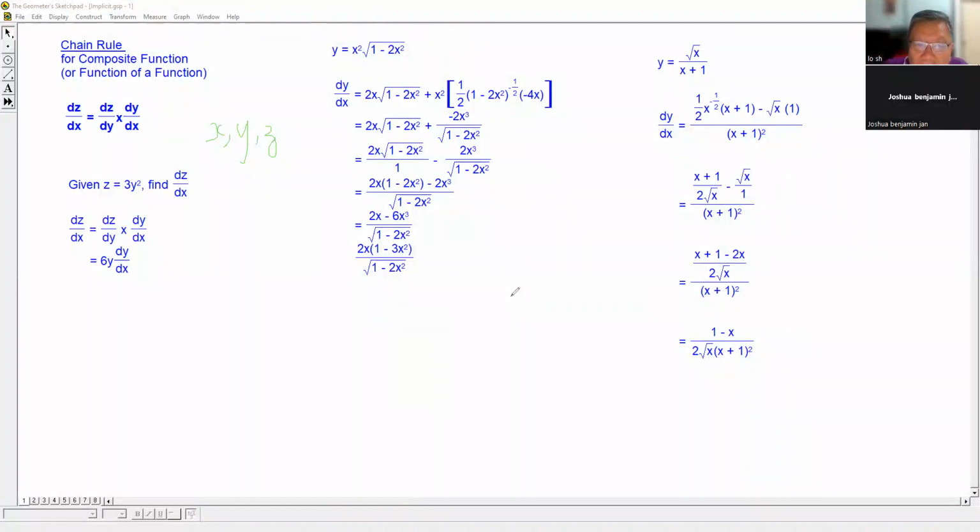But that is not always the case. So when we have three variables, x, y, and z, you can either differentiate with respect to x, y, or z. Each of these will give you different answers.